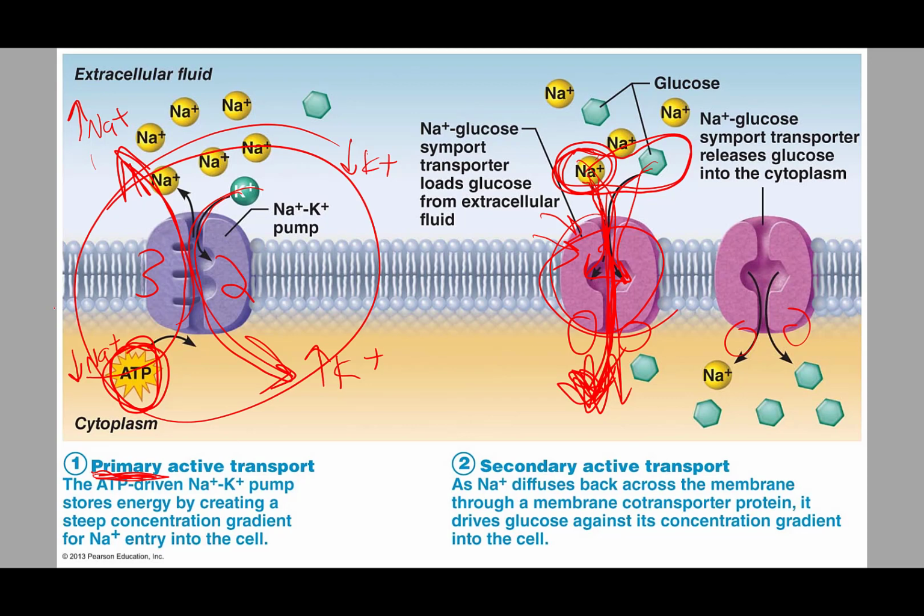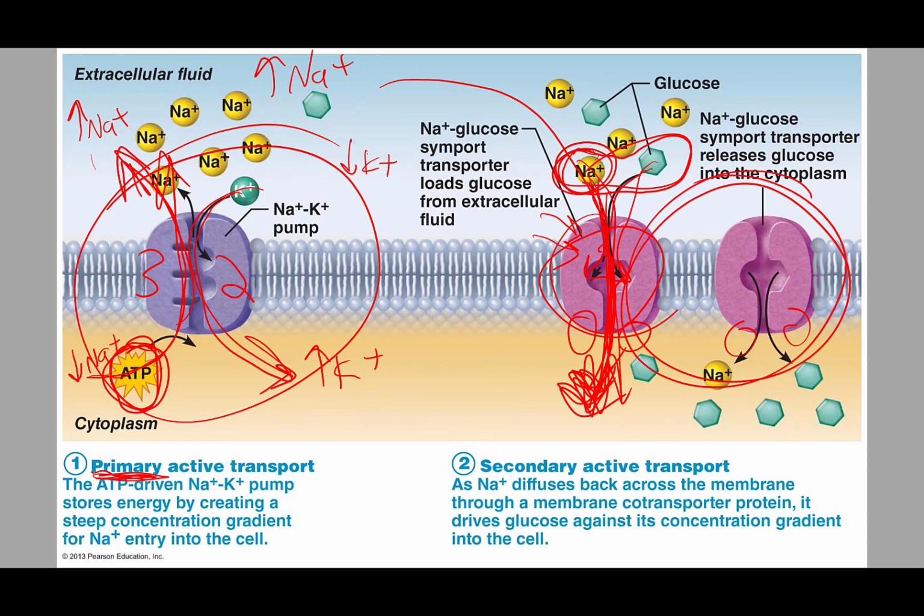The sodium-potassium pump uses ATP to move sodium out of the cell against its concentration gradient, creating an area of high sodium concentration. What does sodium want to do? It wants to come back in to the cell. So even though this step over here does not use ATP, it depends on the previous step that does use ATP.